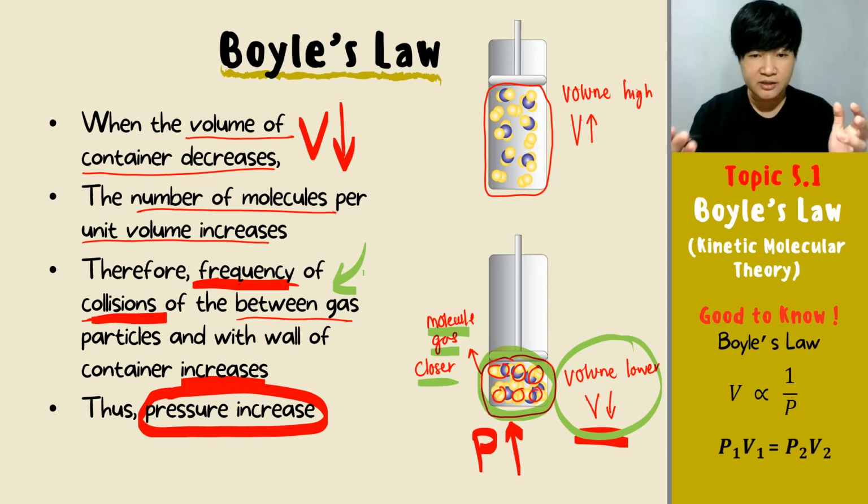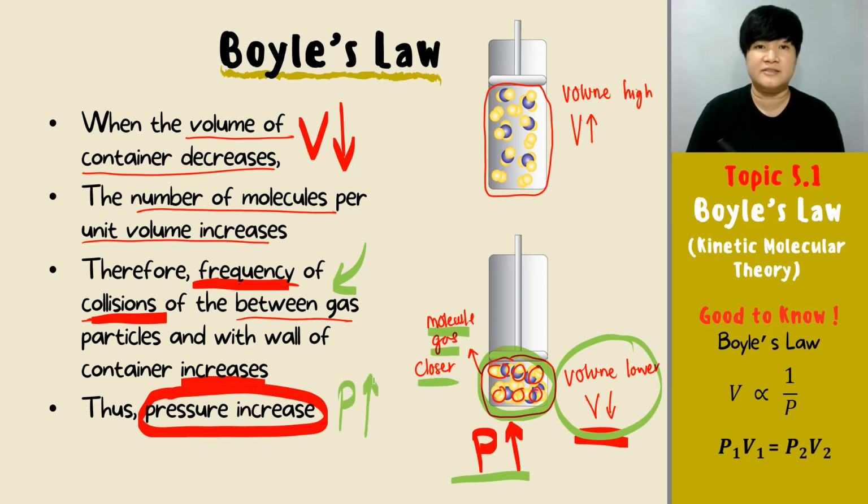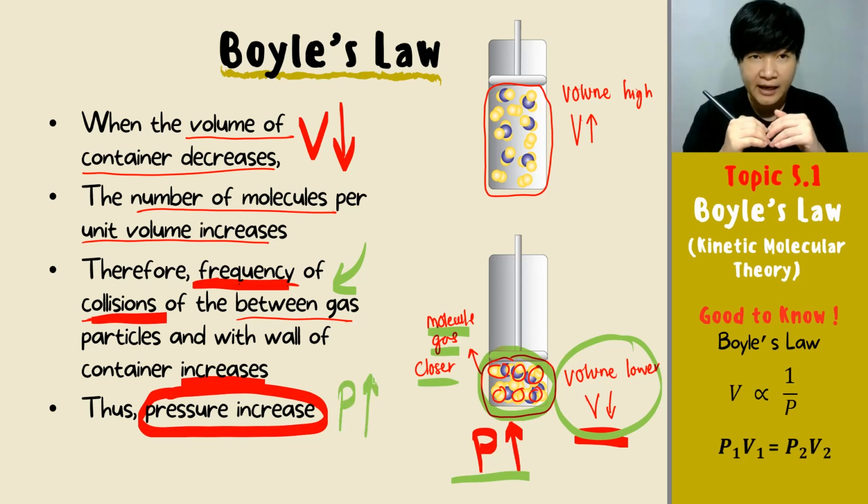Therefore, pressure will then increase. Simple? Easy. So we are coming to the conclusion that when the volume decreases, your pressure increases. And that is how we explain Boyle's law using kinetic molecular theory.